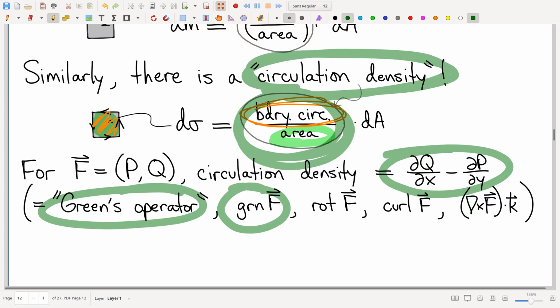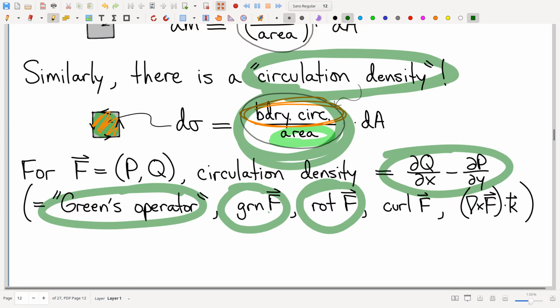That's convenient, right? A lot of people like to call this rot. Looks like rot, but it's pronounced "wrote", because the idea is that what this is measuring, to some extent, is how the vector field has a rotational aspect to it. Keep in mind, circulation. What is circulation?